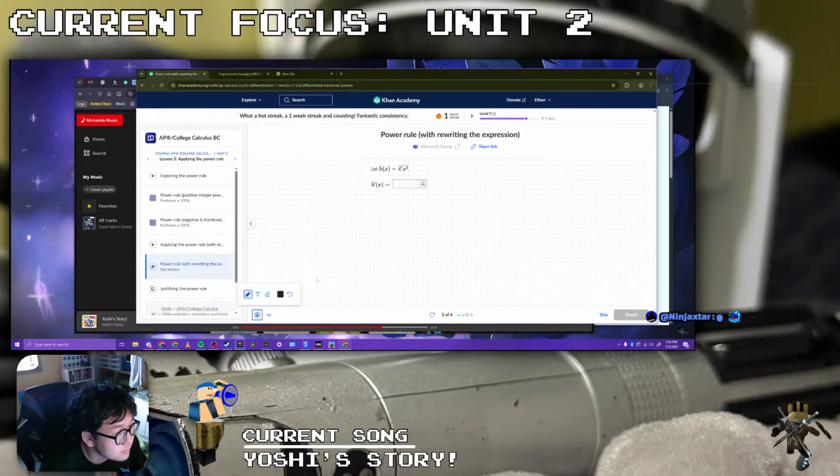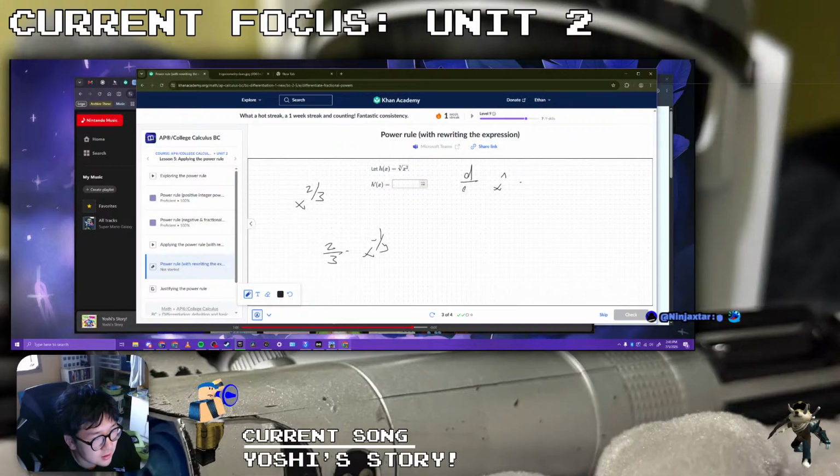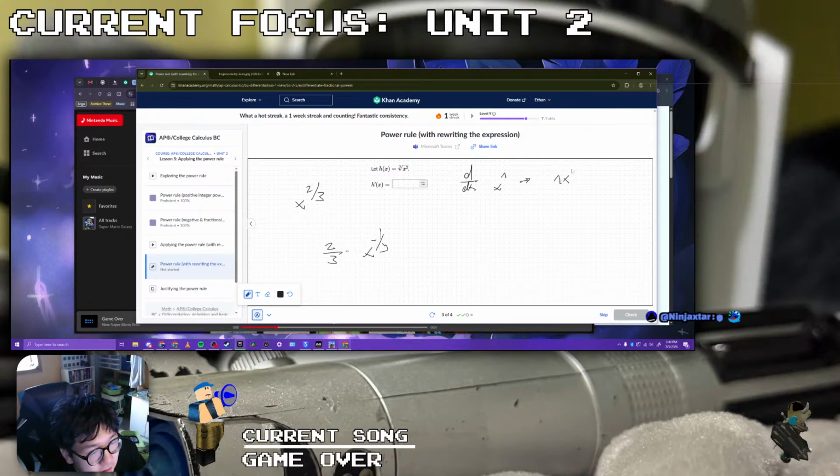Okay. Anyways, you can rewrite this as x to the 1/3. So then what you do, 2/3 times x to the negative 1/3. Because if you have x to the n, d/dx, this becomes nx to the n minus 1.